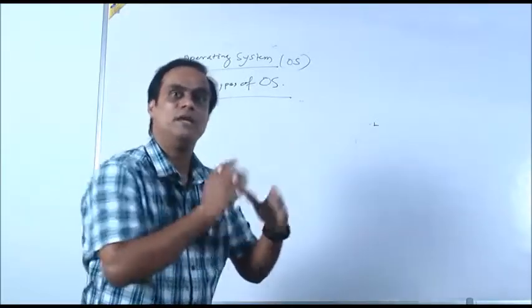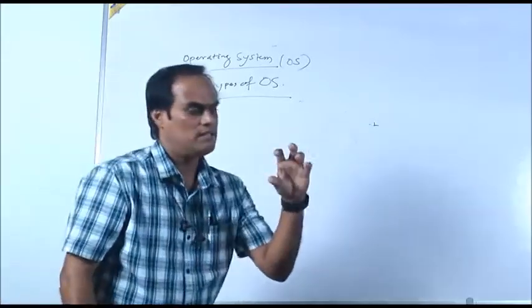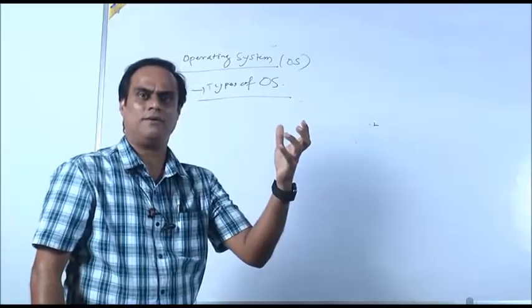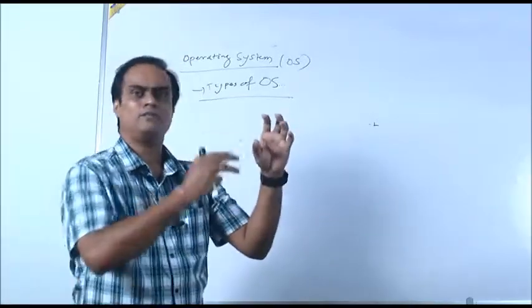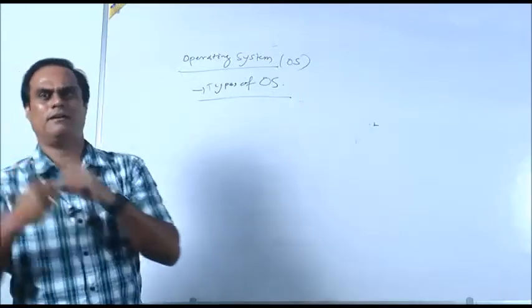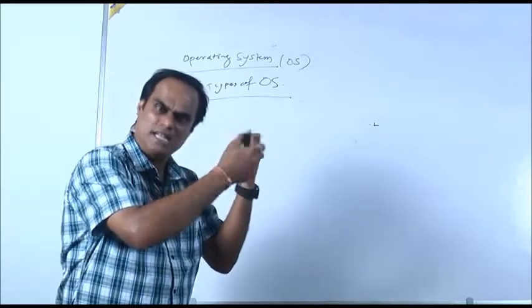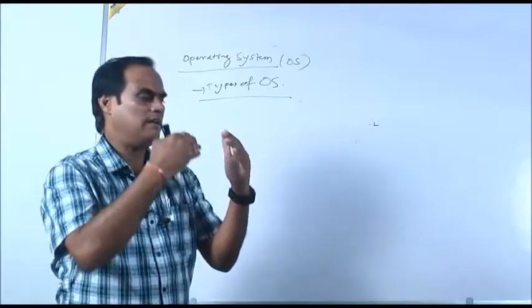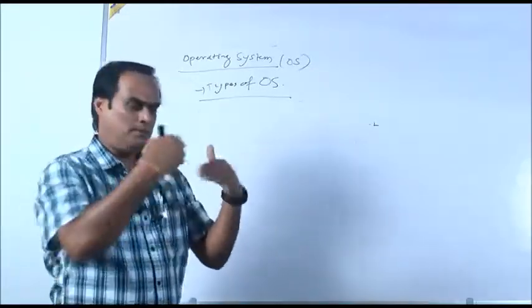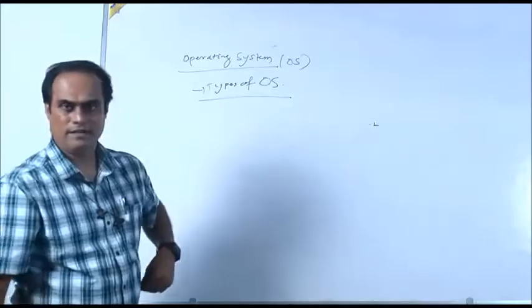Accordingly, we choose the operating system. If this is the X platform, I will use the X operating system. If this is the Y platform, I will use the Y operating system, and if this is the Z platform, I will use the Z operating system. So, depending on the platform and depending on the user, we are using different types of operating system.